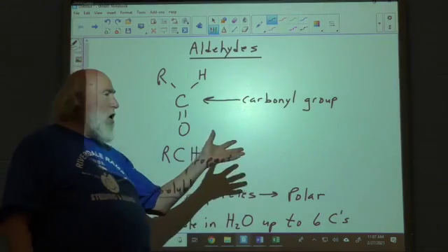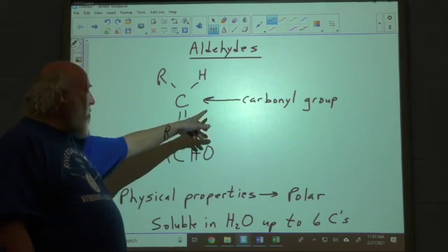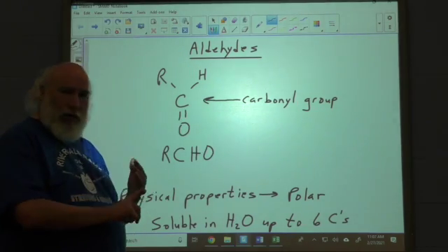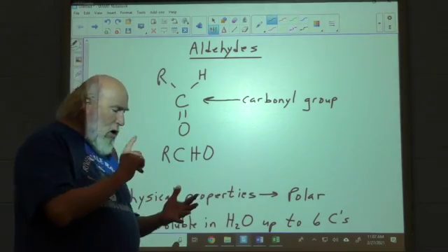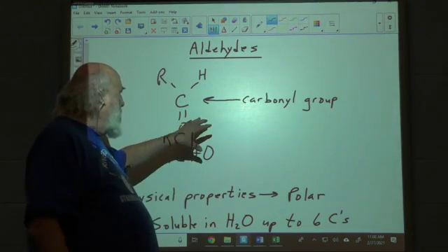But let's talk about what an aldehyde is defined as. Again, we get back to the carbonyl group. We had a carbonyl group with a ketone. We had a carbonyl group with carboxylic acid. And now we're going to, again, have a carbonyl group.